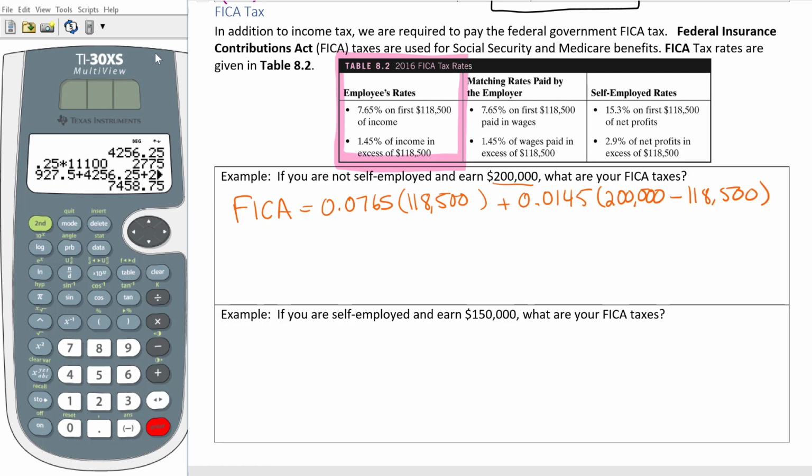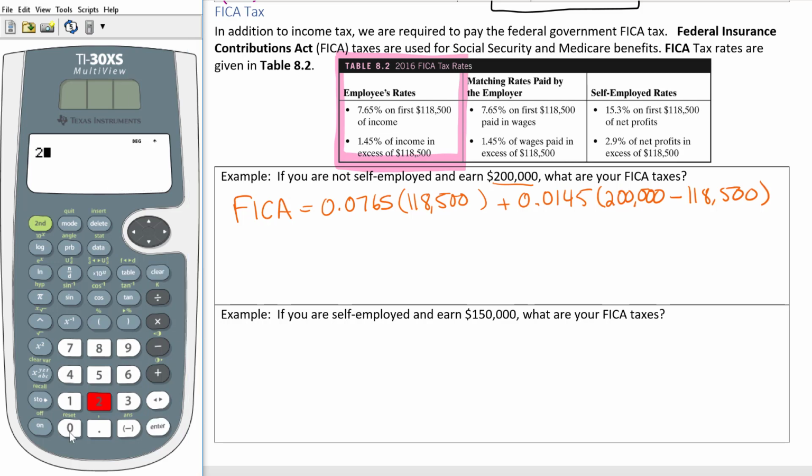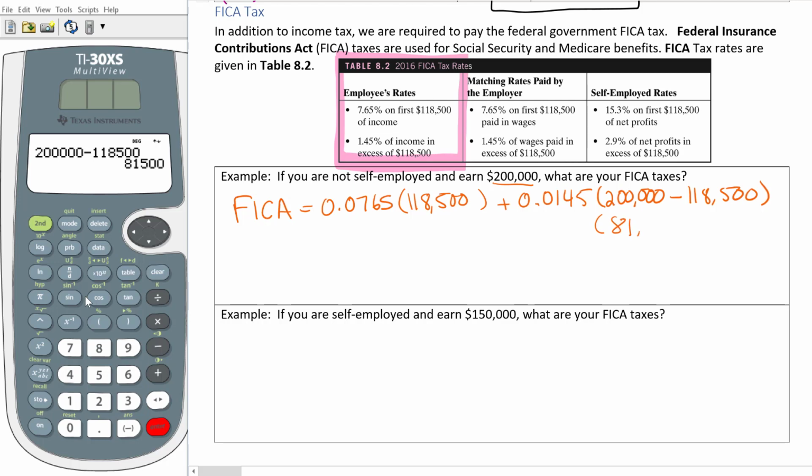So if you take 200,000 minus the 118,500, that excess will be 81,500.